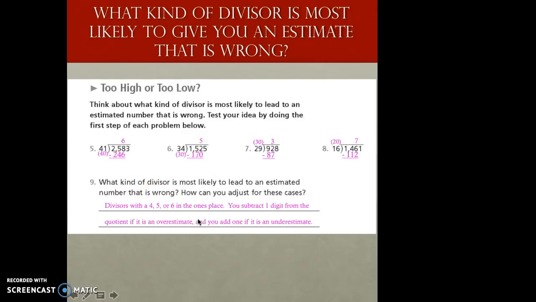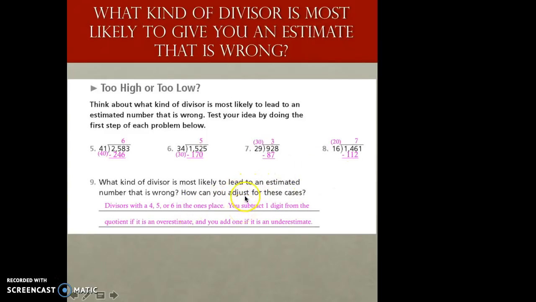Well, guess what? It's going to be divisors with a 4, 5, or 6 in the ones place. The digits that are hovering right around 5, those are the ones that are going to be iffy. We're not going to know for sure if our estimated number is going to work.